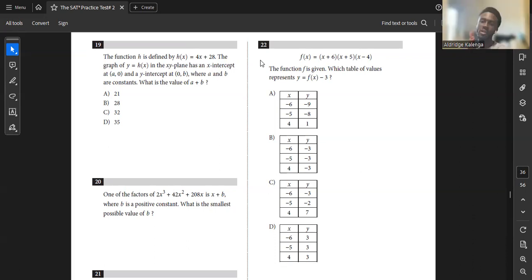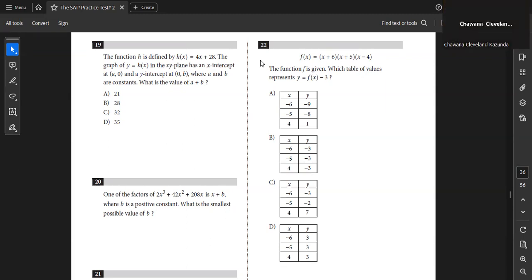Tawana, do you want to go for it? The reason I said the answer is B is just substitute. It says y equals f of x minus 3. So you have to first solve for what f of x is after substituting in x and then subtract 3.